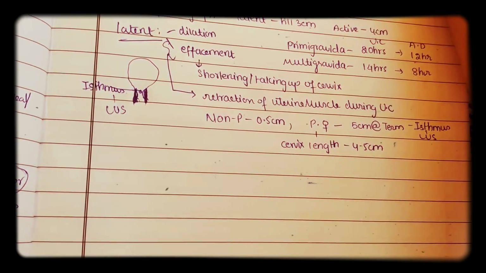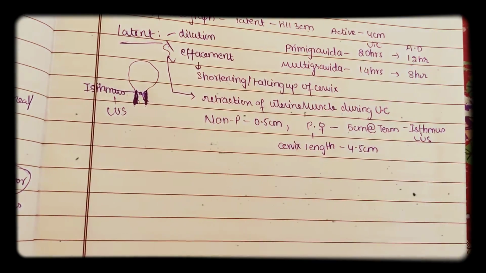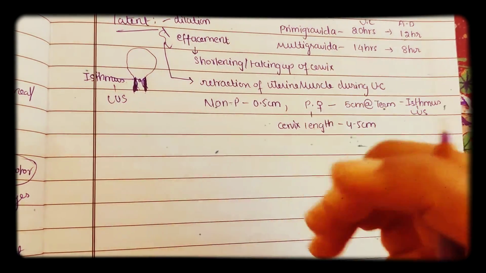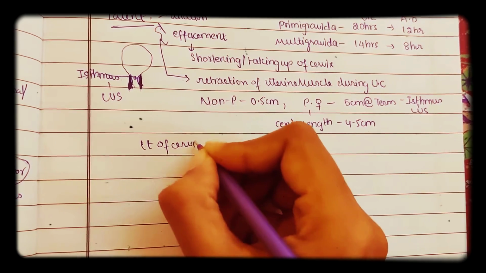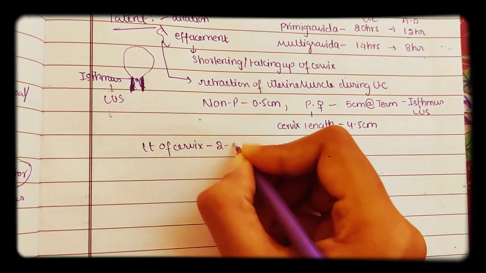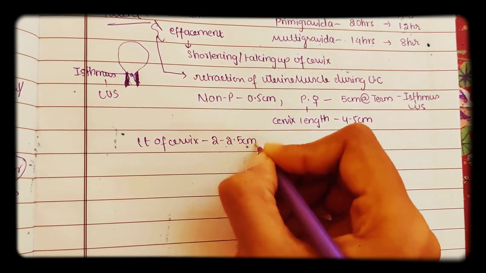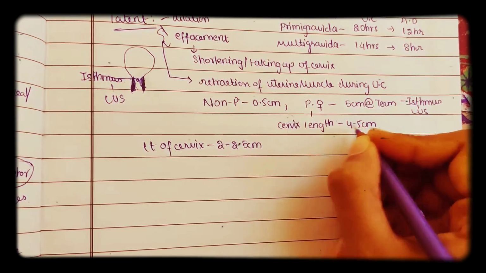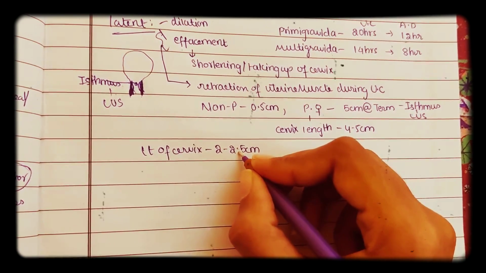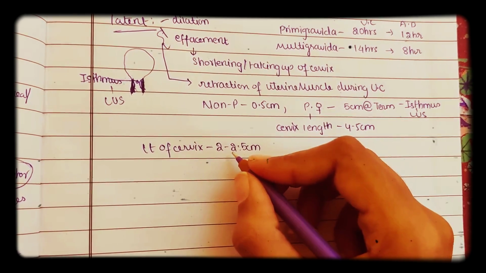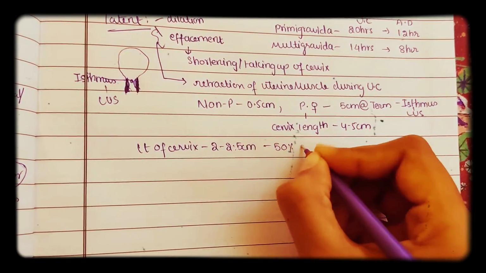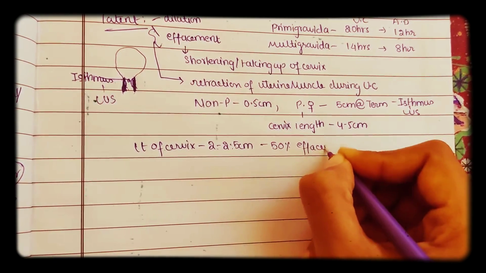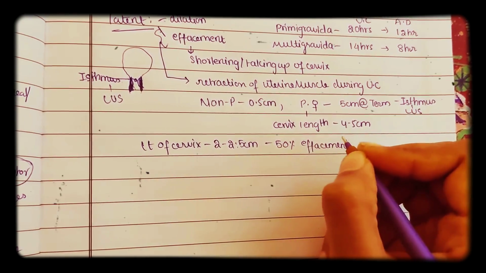Now let us discuss, if the length of the cervix is between 2 to 2.5 centimeters, that is half of the cervix, half of 4, half of 5 is 2.5. Then you can say it is 50% effacement. So 50% effacement means the size has dropped to 50%.